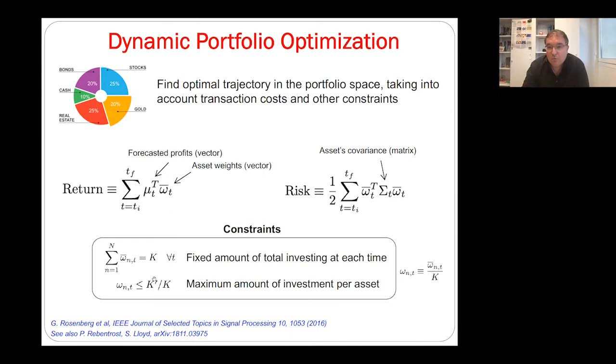All right, we could relax these constraints, but our collaborators wanted to do it like that. And of course, here I just defined some renormalized weights, dividing by the total amount of investing, so that the sum of these W's at each time t should be 1.